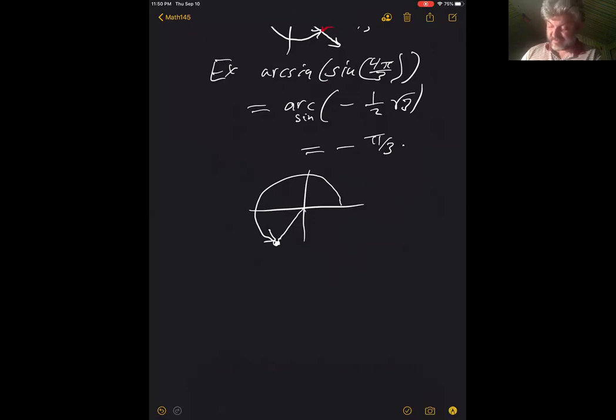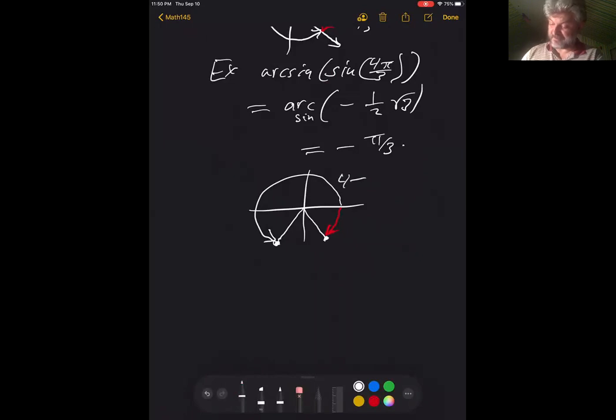And that's going to be over here. And that's why we get the same answer. Or pi over 3, and this guy here is negative pi over 3.